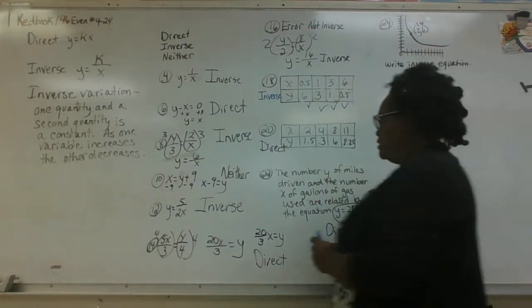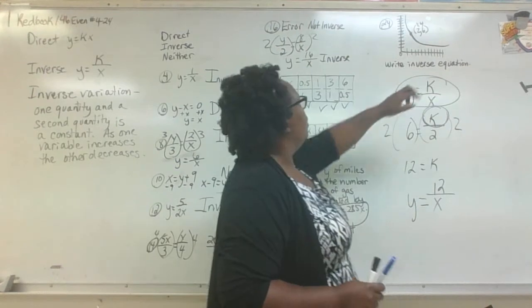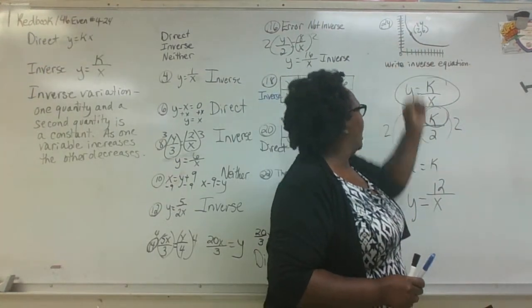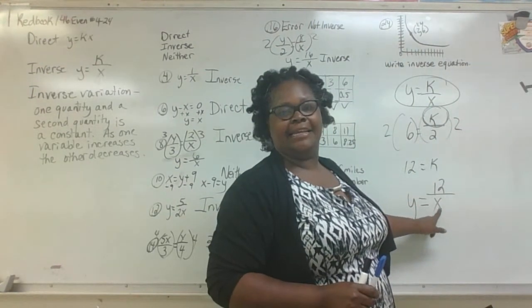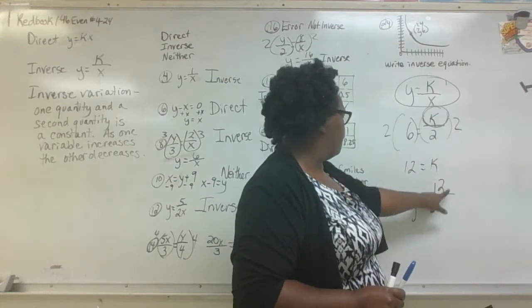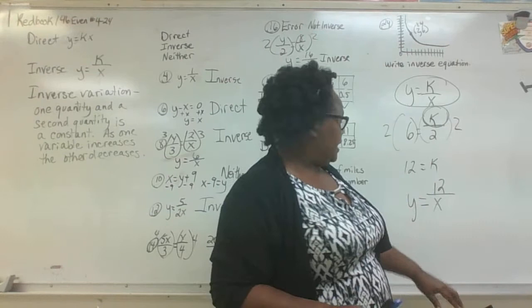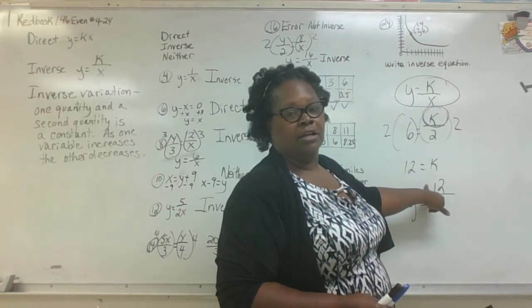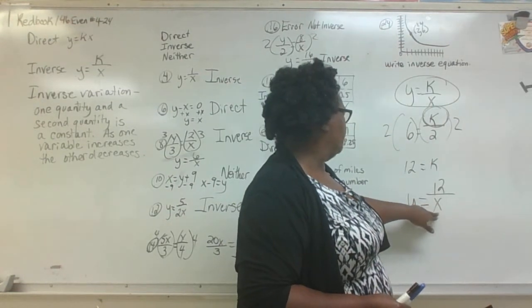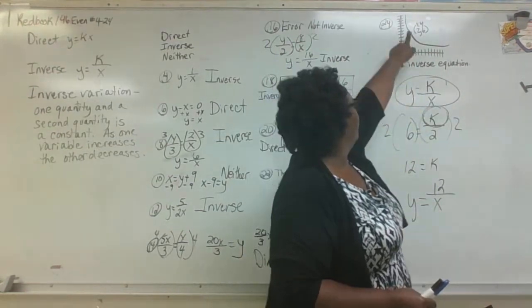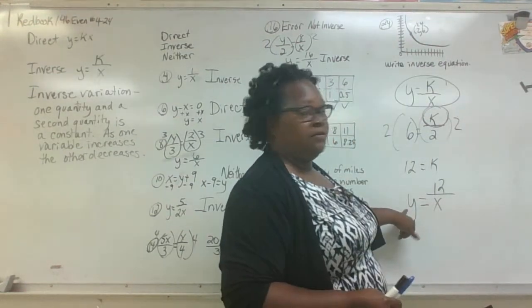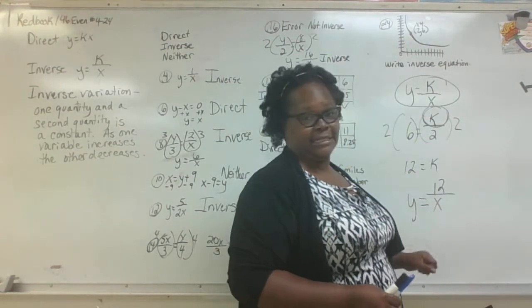Well, what that means is we can determine where we are on the line every time we plug in an x using this formula. So we must know what the inverse variation is. In this case, it is 12. So then we can plug in any value for x and determine where we are on the line, or plug in any value for y and determine what x is, okay?